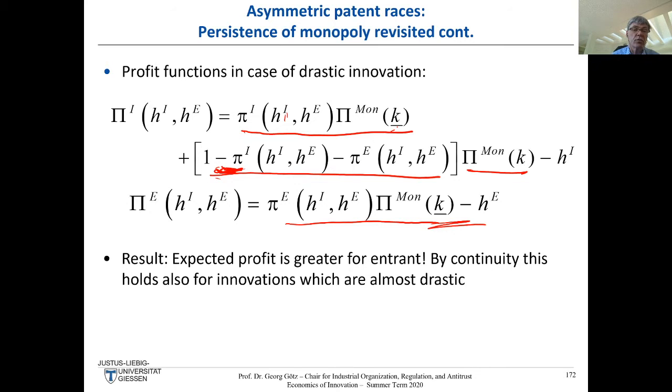Electric cars are rather close to a drastic innovation. Of course, if it holds for a drastic innovation, it will by continuity also hold for almost drastic innovations, so even though you get some duopoly profit, it will still hold. But as I told you, it might not hold if these are very small innovations.